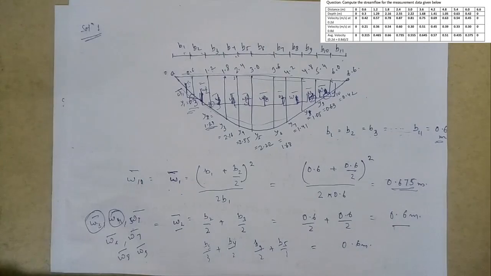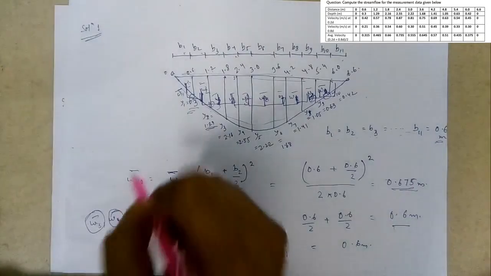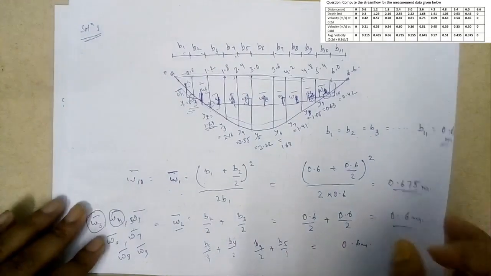So now let us try to find out the discharge by multiplying the respective W's with their Y1s.